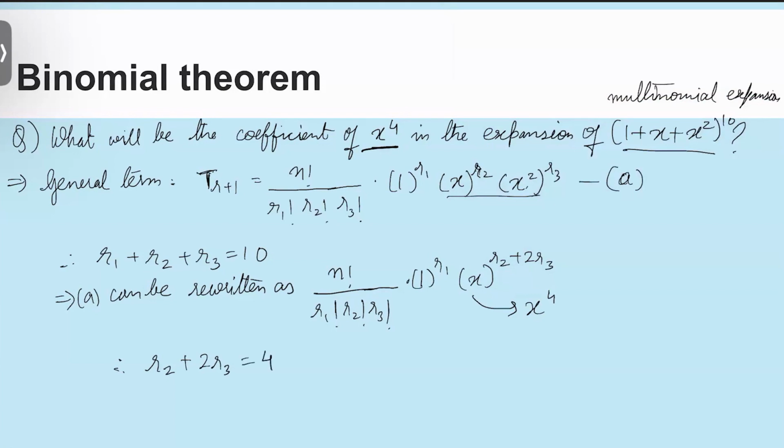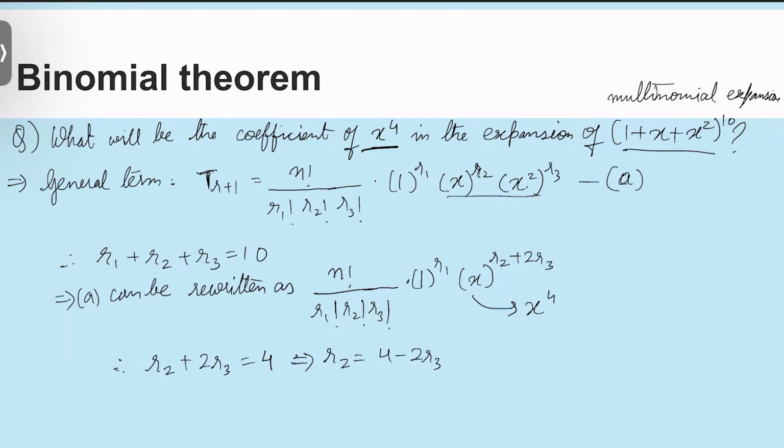So therefore r2 is equal to 4 minus 2r3.